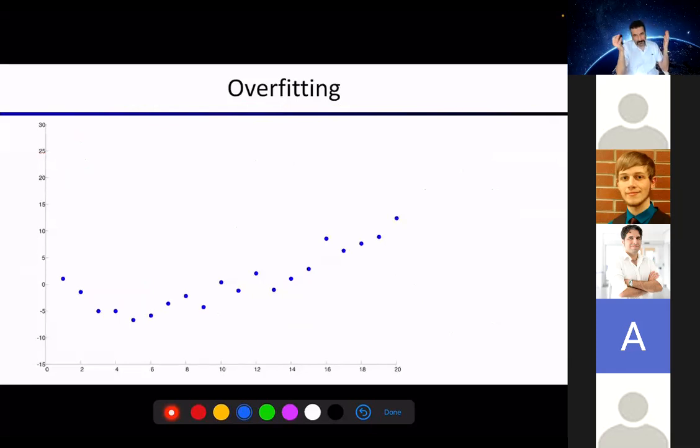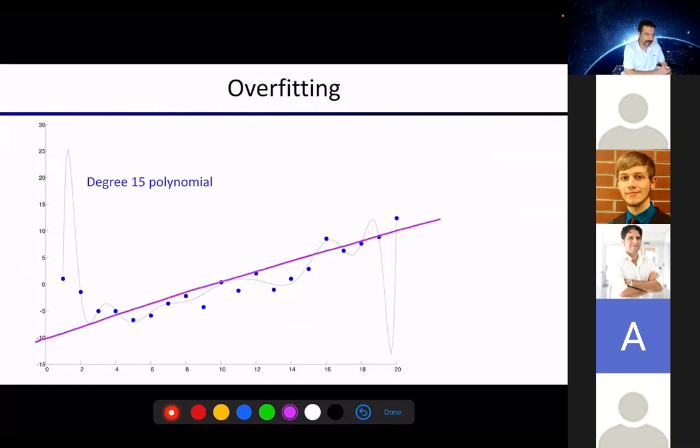Overfitting is a really simple concept, but yet a very important concept in machine learning. If this is, for example, your data, one may want to fit the best model and try a polynomial of degree 5, but one may say, why not a simpler model like a linear model?